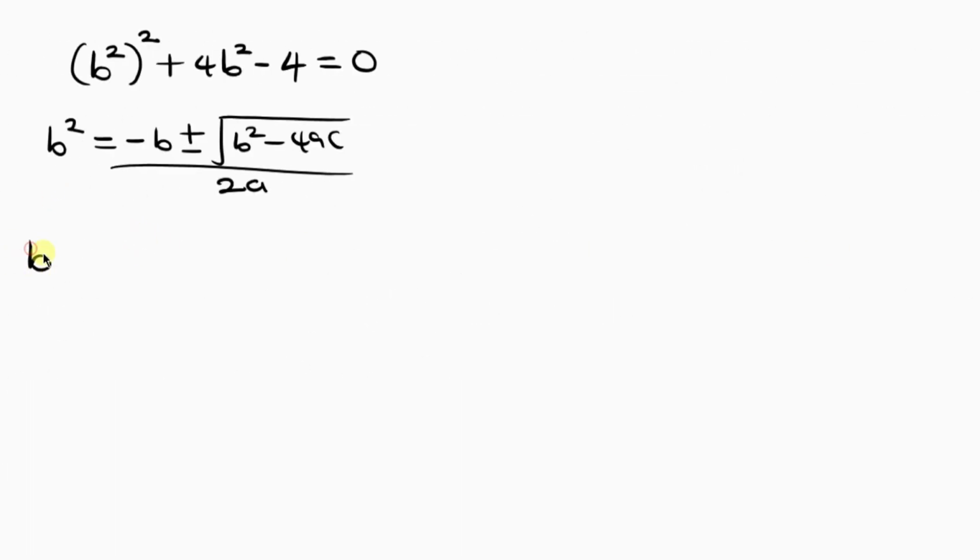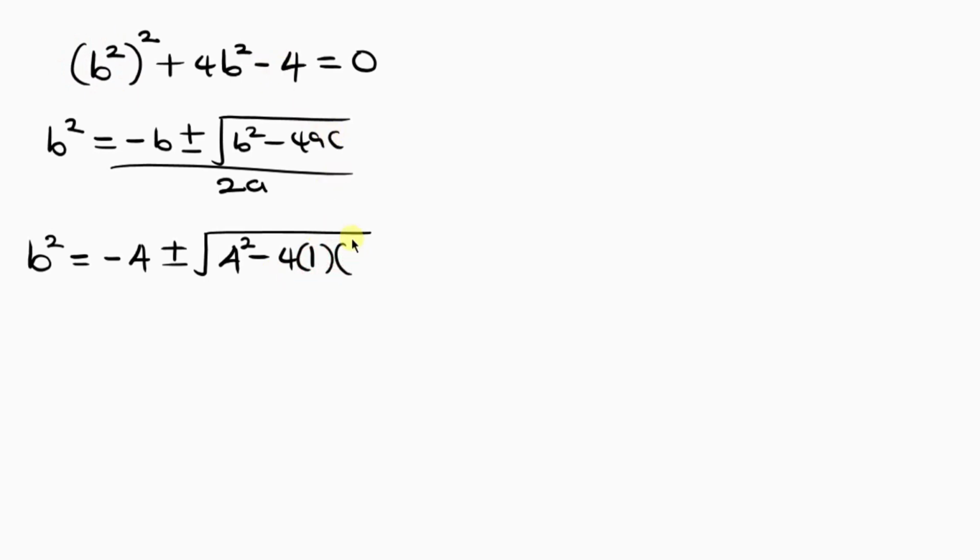So we have b squared equal to negative b. B is the coefficient of this b squared here, which is 4. So I'm going to put 4 plus or minus the square root of b squared. That's the coefficient of this b squared here, which is 4. So 4, according to the formula, we have squared minus 4 times a. A is the coefficient of this one we have here, which is 1, times c.